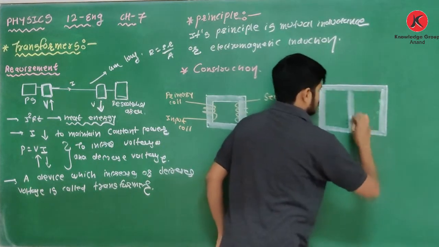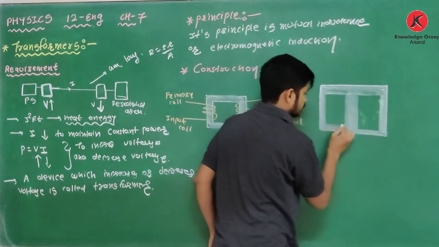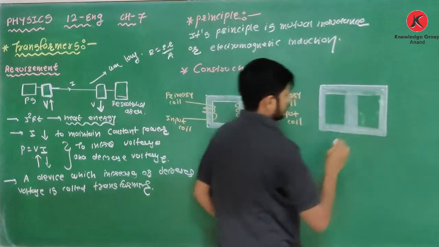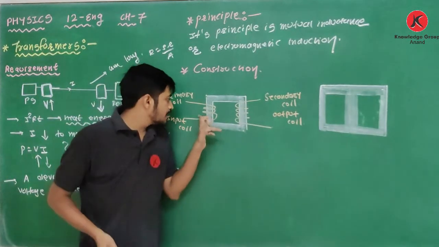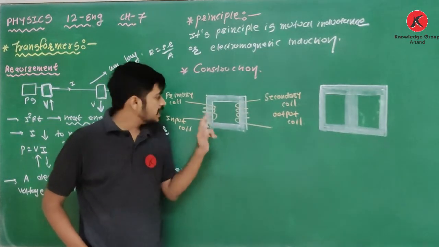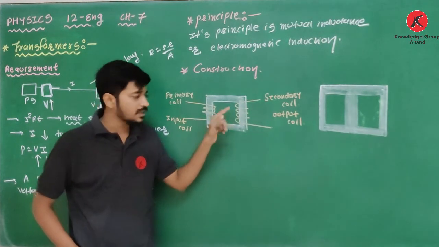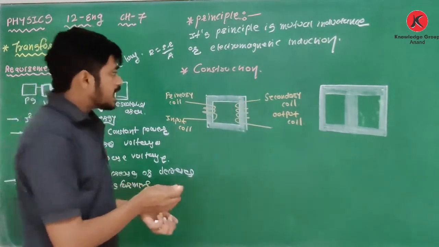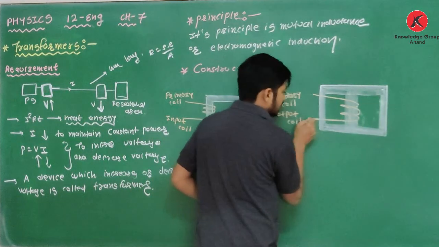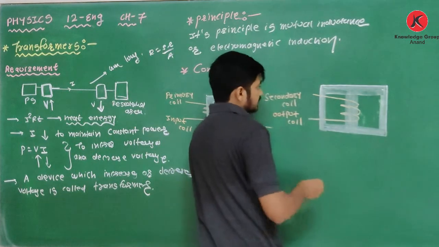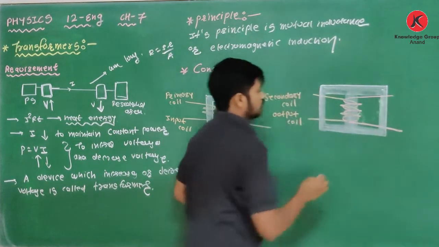In the first case, the primary and secondary coils are on different arms: primary coil on the first arm and secondary coil on another arm. But in this case, the primary coil and secondary coil are wound on the same arm.